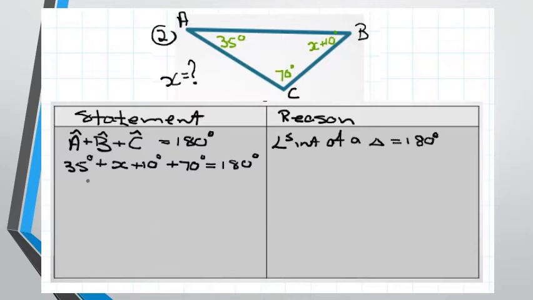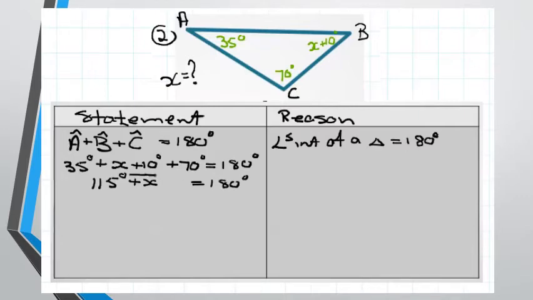On the left, if I add the 35, the 10 and the 70, I end up with 115 degrees plus x equals 180 degrees.